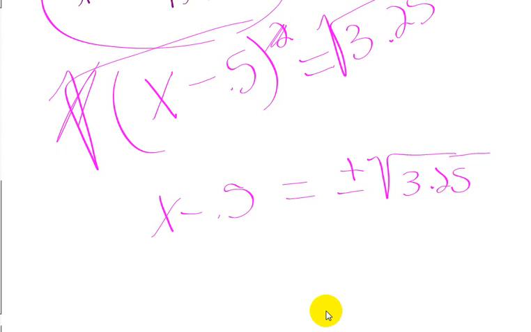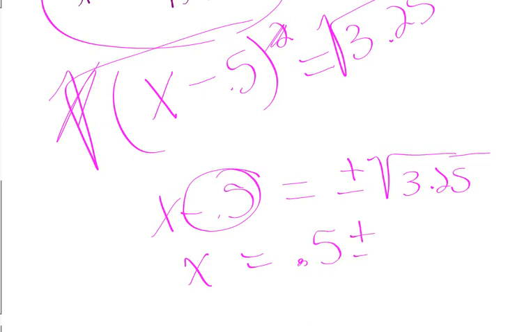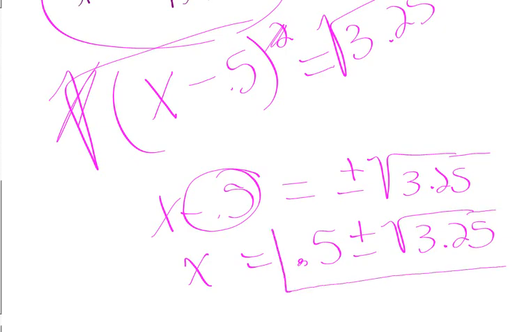Okay, now I'm going to add a half to each side. And then we get our answer. X is equal to 1/2 plus radical 3.25, and x is equal to 1/2 minus radical 3.25, and that's your answer.